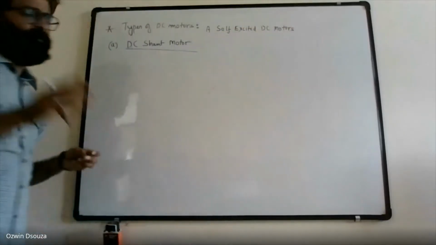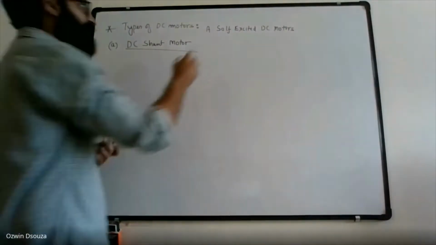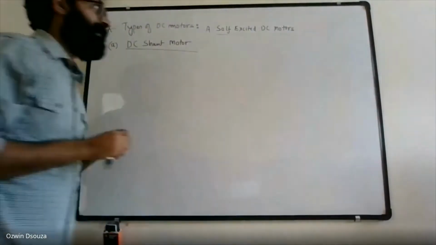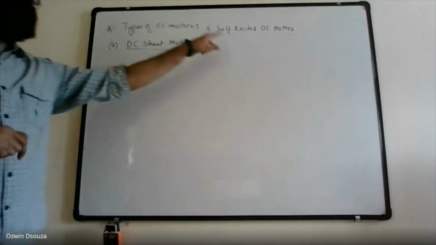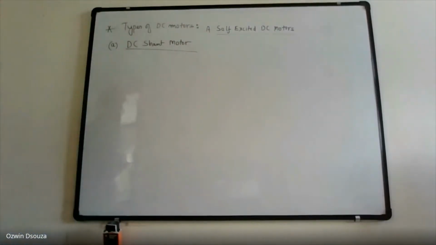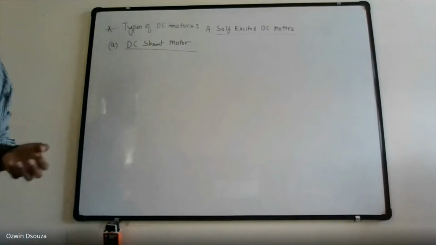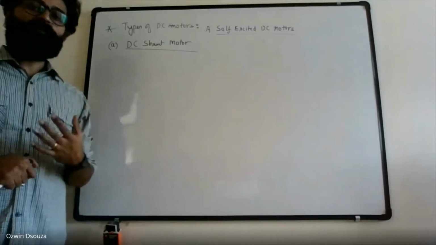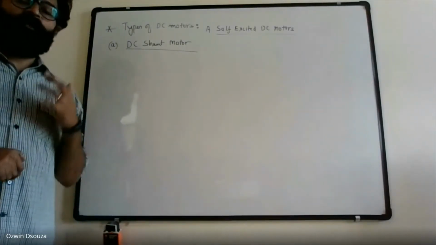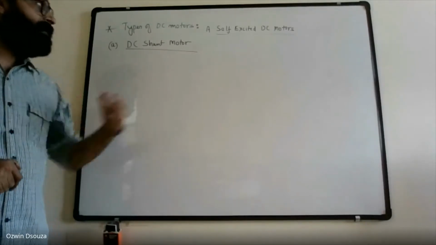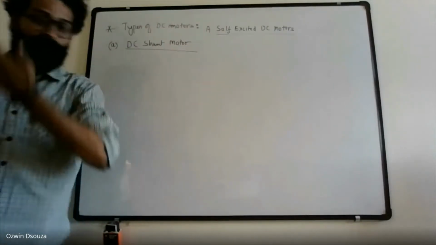All right, so quickly let me cover self-excited DC motors and separately excited DC motors. The meaning of self-excitation is you don't need an external power supply to energize the field winding. Instead, the motor exploits something known as residual magnetism, which is present in the field winding itself.